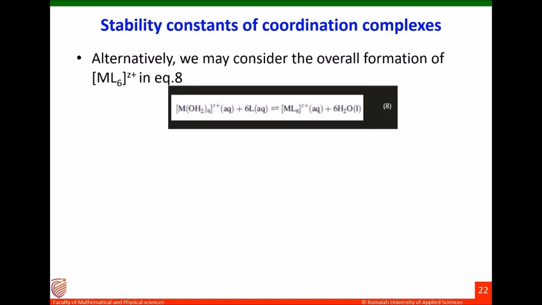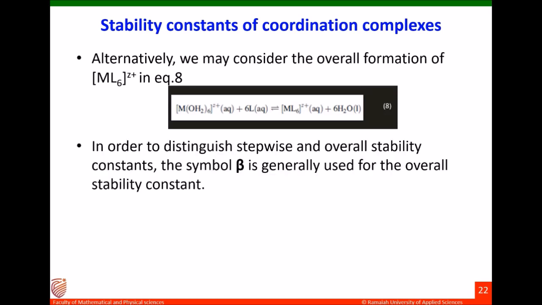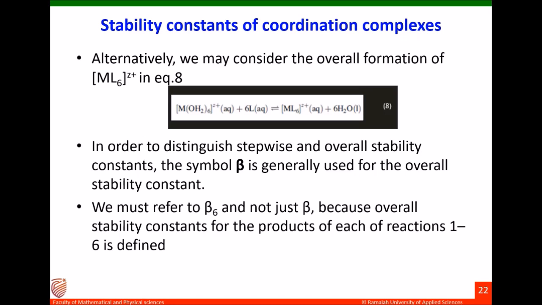In order to distinguish stepwise and overall stability constants, the symbol beta is generally used for the overall stability constant. The stepwise stability constants are K1, K2, K3, K4, K5, K6. The overall stability constant is represented as beta 6, because it covers all 6 reactions.